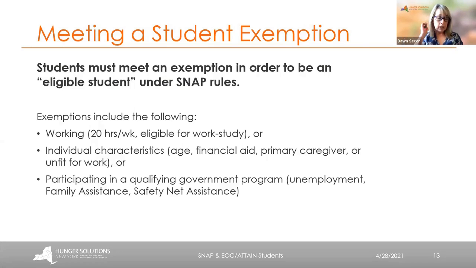So a student has to either have an individual characteristic, things like being between 18 and 49, which we talked about before, which is a definition, or having an expected family contribution of 0 under FAFSA, or being a primary caregiver to children or incapacitated adults. And there's lots of rules around that I'm not giving you, so that's just a high level, or being unfit for work.